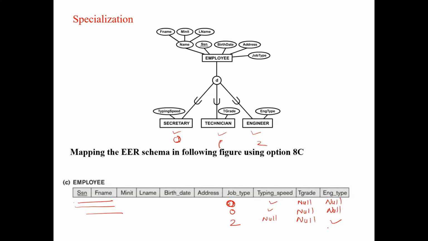So in option 8C, instead of creating separate relational schemas for the superclass and all the subclasses, we are creating only one single relation schema, considering all the attributes of the superclass and subclasses in the single relational schema, by adding only one attribute that is called the type attribute.